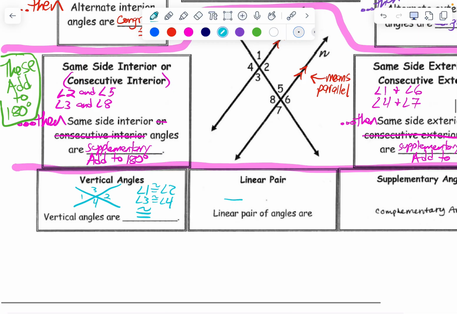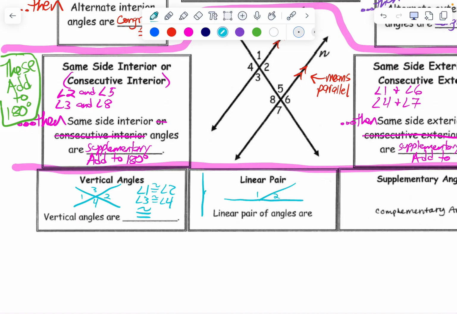Okay, linear pair, any version of this. Okay, these lines could be going anywhere, but they make a straight line. And they add up to 180.